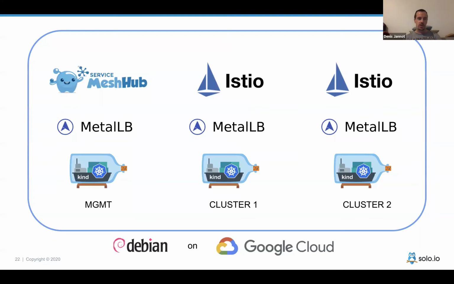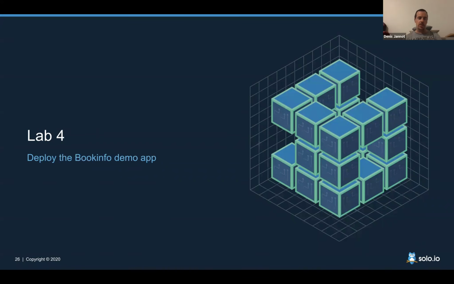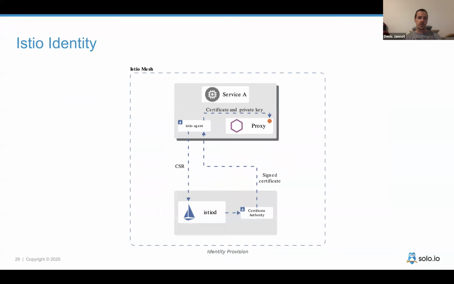But as I said, I'm going to really go through the different challenges, and I'm going to start with this federated identity. So here you are probably all very familiar with the way identity works in Istio, but I'm going to go through that very quickly again.